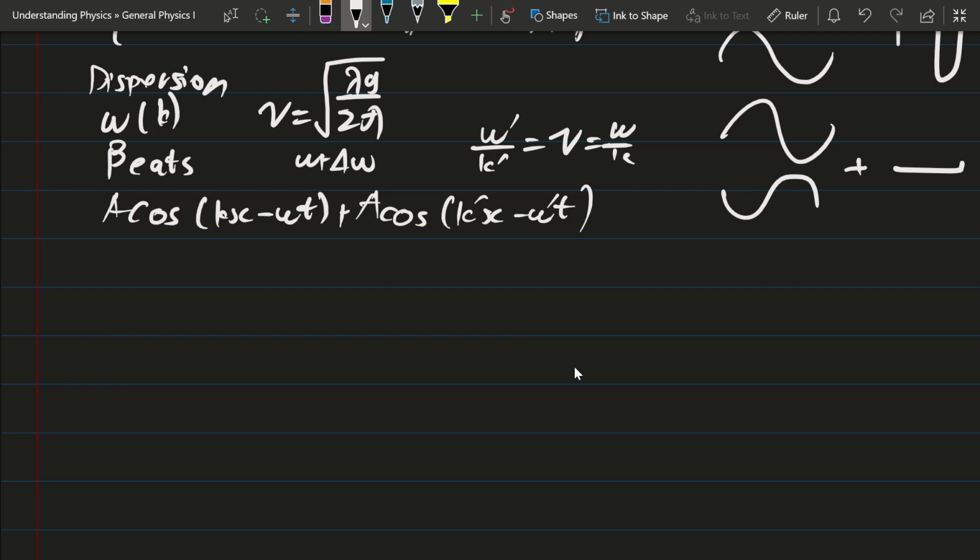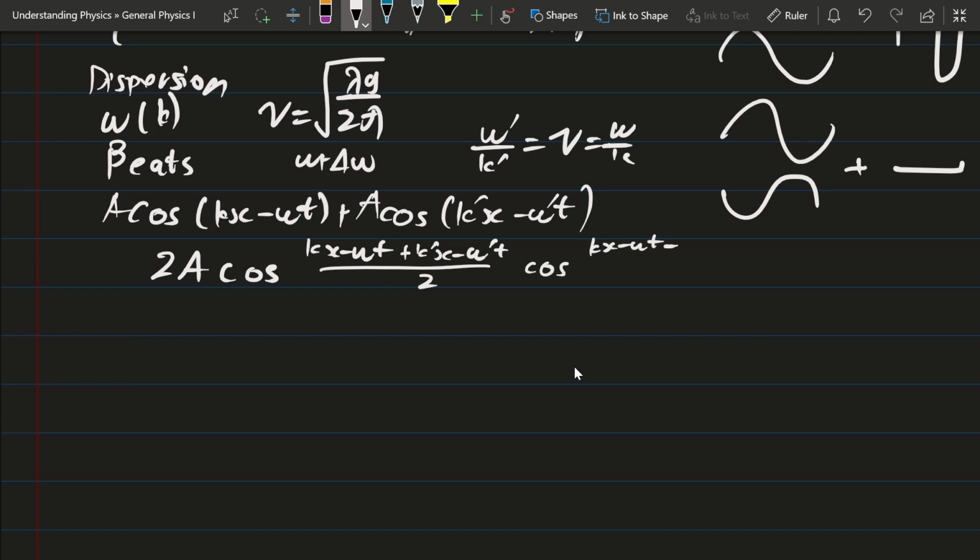By using trigonometry formulas, you would be able to obtain that this will equal 2A cosine of (kx minus omega t plus k prime x minus omega prime t) over 2, times cosine of (kx minus omega t minus (k prime x minus omega prime t)) over 2.